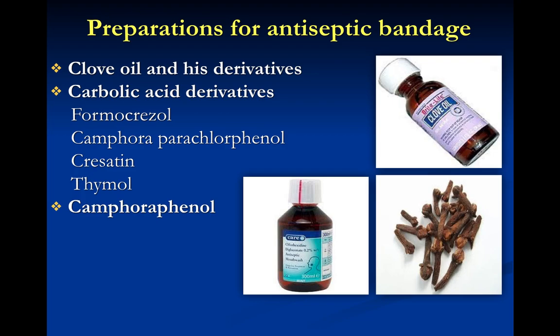Preparations for antiseptic bandage. Sometimes we need an antiseptic bandage, especially in treatment of periodontitis. In the first visit, after drainage, after opening of the canals and the extraction of pus or inflammation, we need to keep inside of the canal some antiseptic bandage and close that area temporarily.